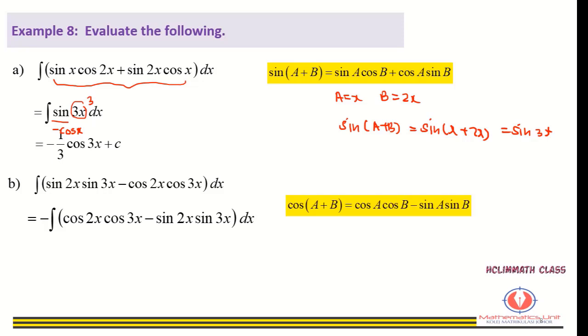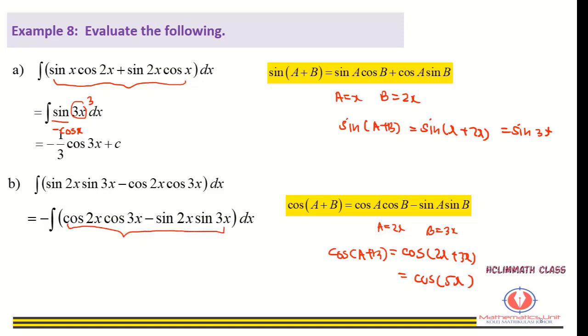So I apply the compound angle of cos A plus B. Again, I substitute my A with 2x here and my B with 3x. So definitely I have cos A plus B equivalent to cos 2x plus 3x. So I have cos 5x here.